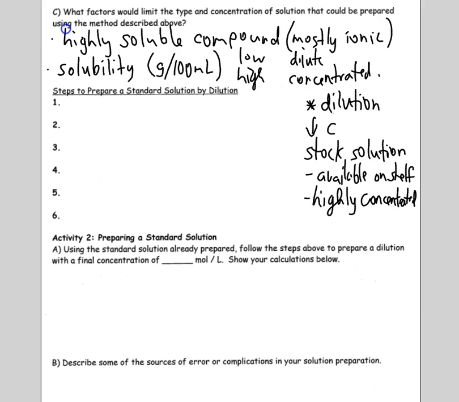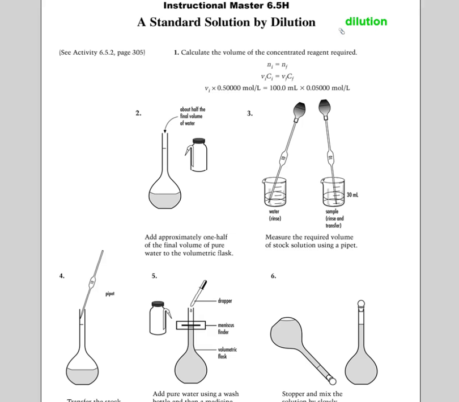All right, so the steps to prepare a standard solution by dilution. Let's have a look at the visual here. The steps involve, from a volumetric flask, which is our stock, again, a concentration calculation needs to be made. Let's look at the formula a little bit here.